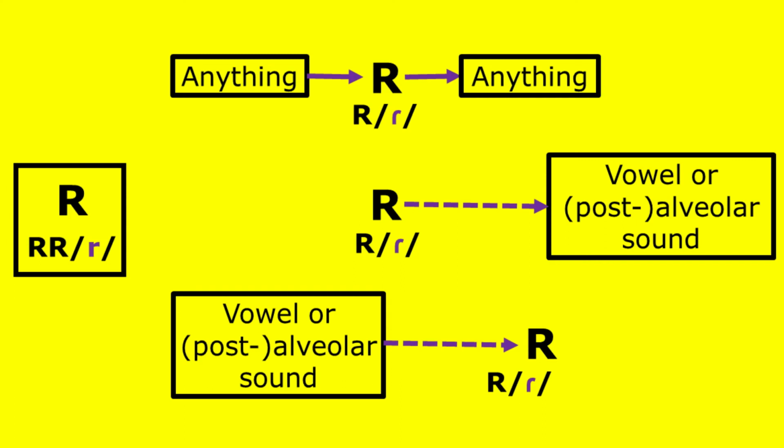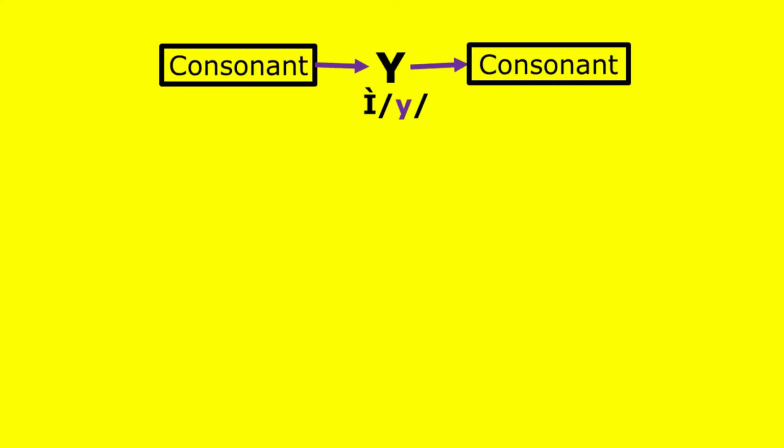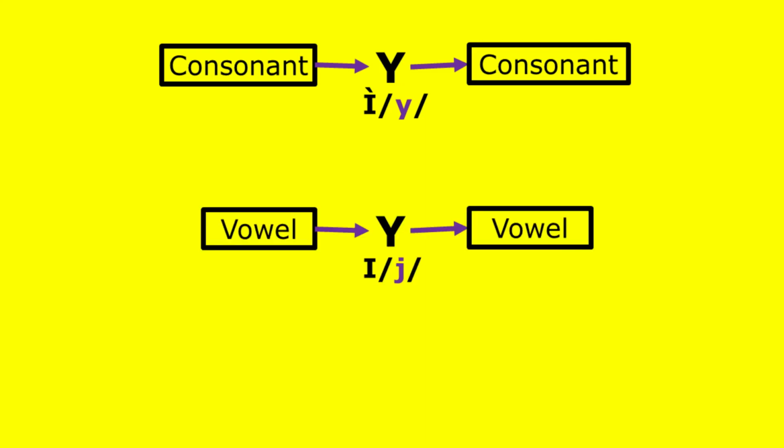Okay, about Y. Now we're going to talk about Y. It's not considered a semi-vowel, but it can be a consonant sometimes. Between consonants, it is a vowel, the vowel U, like in IPA, as I told you at the beginning of this video. Between vowels it will automatically sound like the J in IPA.